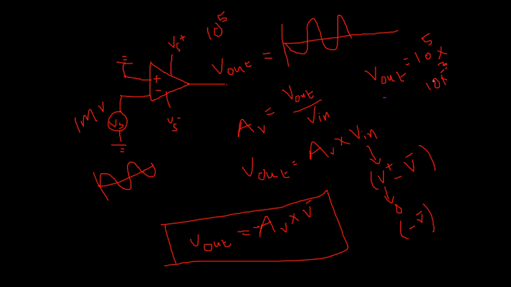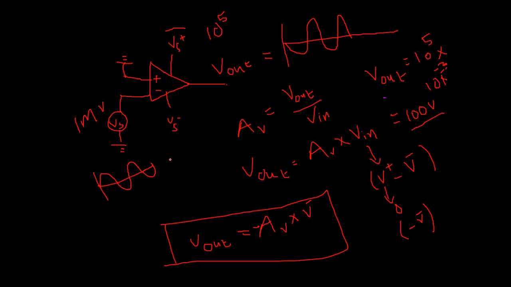So you will get 100 volt. Yes, if the gain is high, accordingly you will get a high voltage. But in general you won't get 100 volt, as it depends on the supply voltage given to this Opamp.